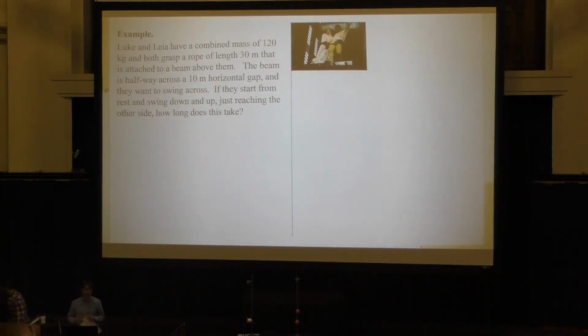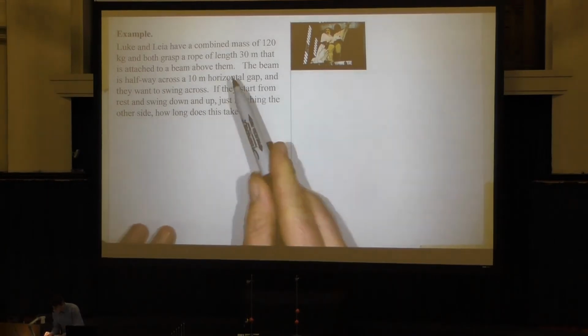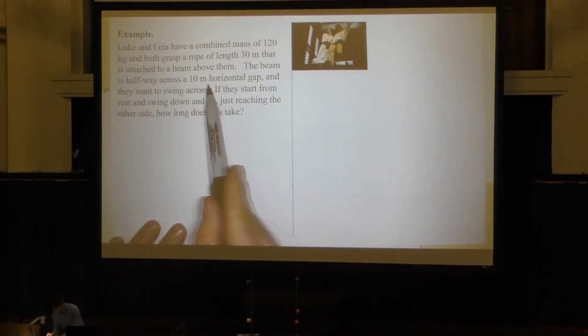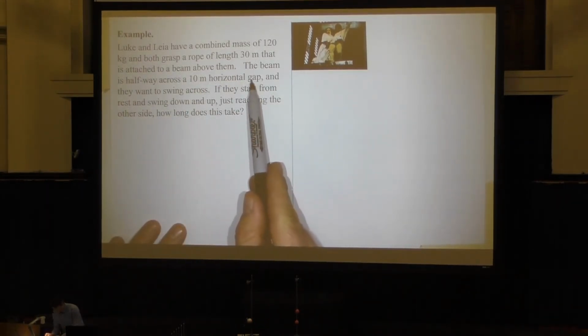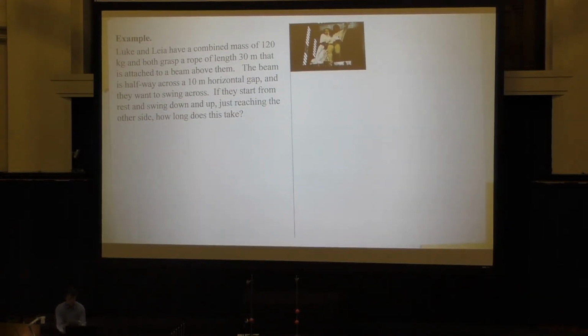But back when they were young, they did this famous scene where they grabbed onto each other and they swung across this gap in order to, I don't know, get out of the Death Star or something. I don't know where they're going, but they needed to cross a 10-meter horizontal gap, and there was a beam, so you can try to draw this.